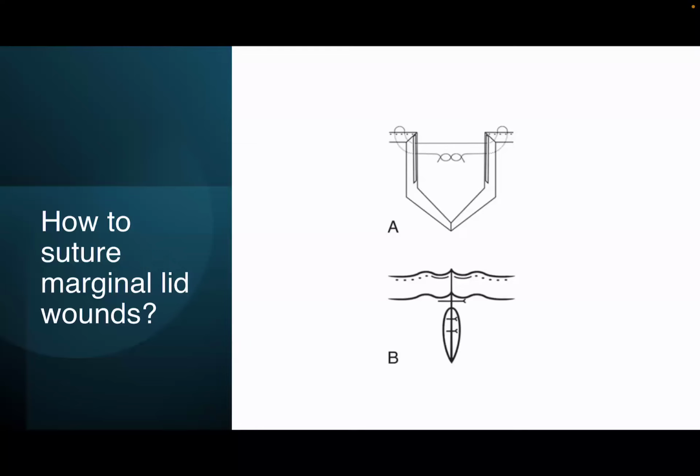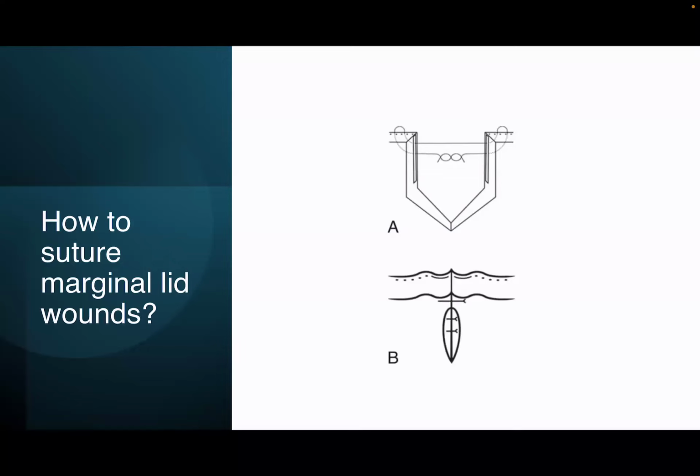Talking about marginal lid wounds, here's how to close a marginal eyelid laceration without the lacrimal system being involved. Approximation of the edges of the laceration can be achieved with a vertical mattress suture.